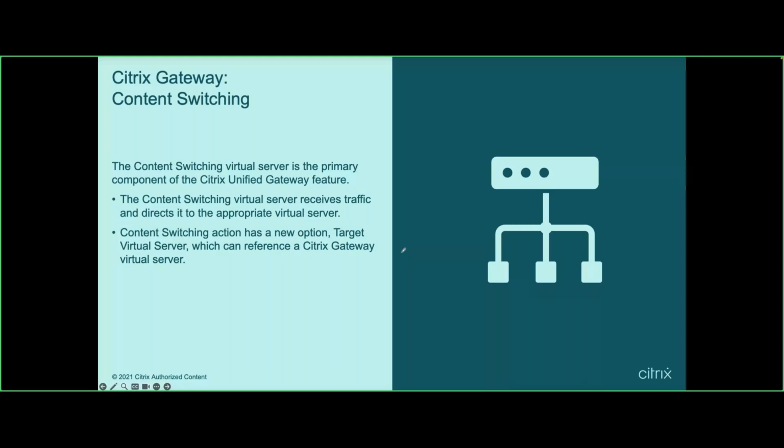This content switching server is the primary component of the gateway. The gateway requires the content switching virtual server, right? So this is the one that is going to manage all your SSL server certificates and their parameters. Are we good, sir? Yeah.